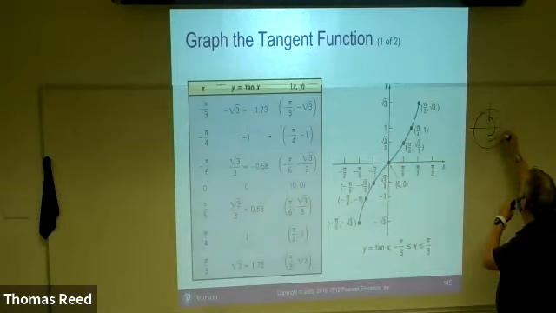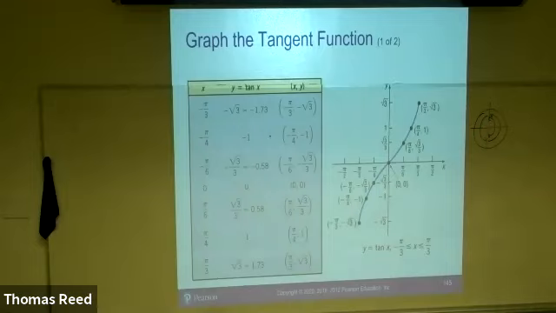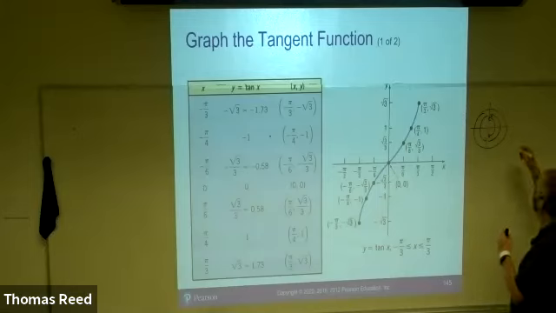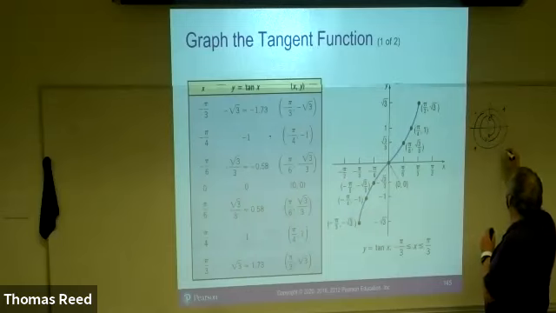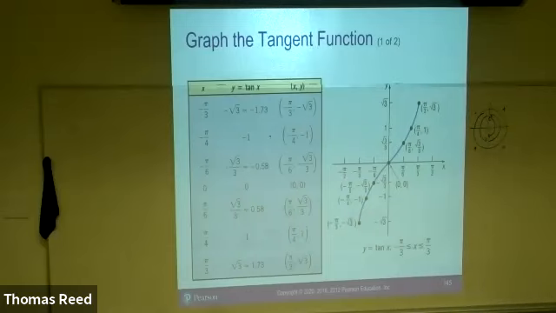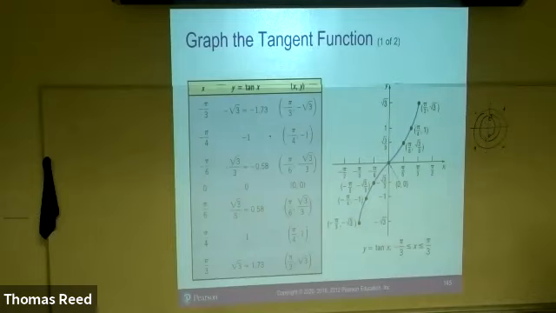So this would be one period, and this would be another period, and the numbers just repeat. Because tangent is positive up here and positive down here, negative over here and negative down here. So it starts negative, goes to positive, goes back to negative, and goes back to positive. So those values just keep repeating.